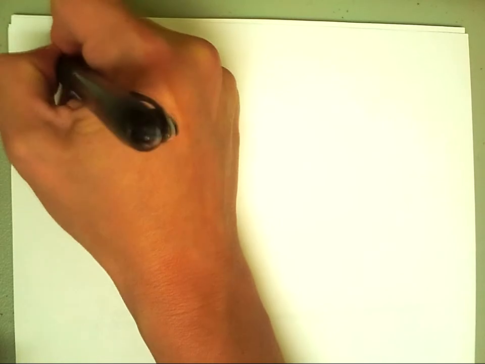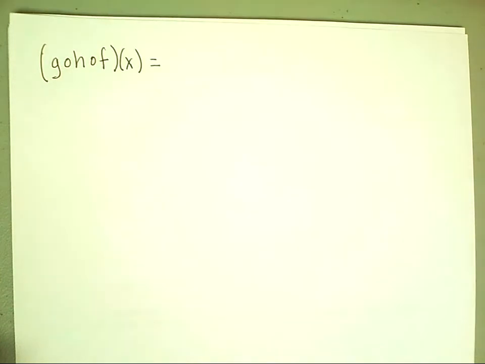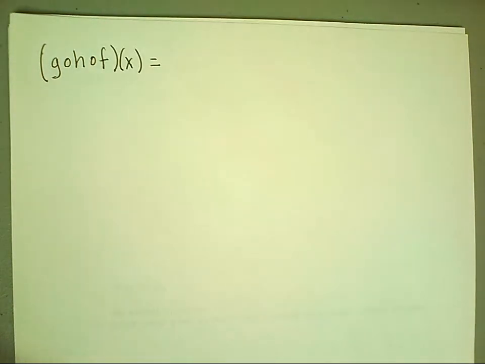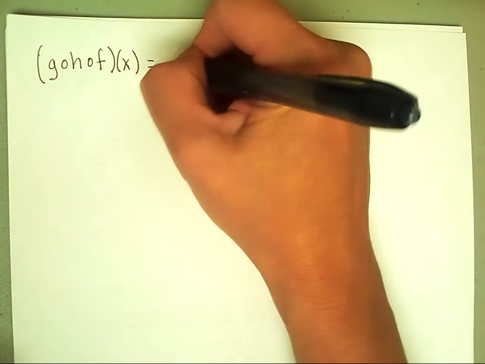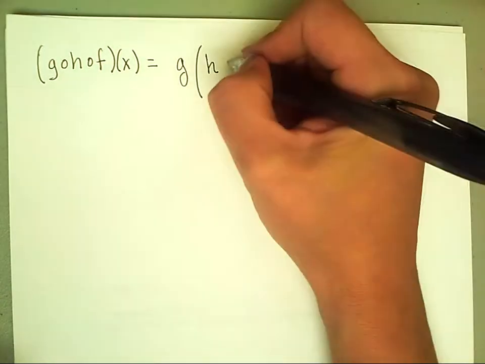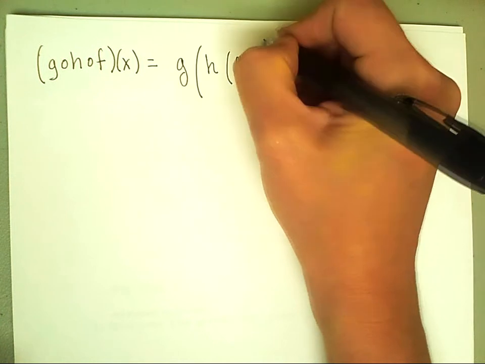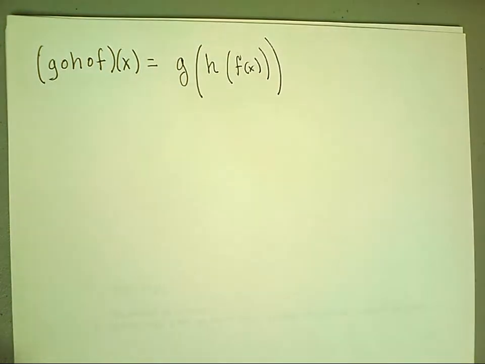And now we can compose multiple functions at a time. It's no problem. We could take g and compose it with h, and then compose that with f of x. So what that means then is g is the outside function, and into that I put h, but what I've put into h is f of x.